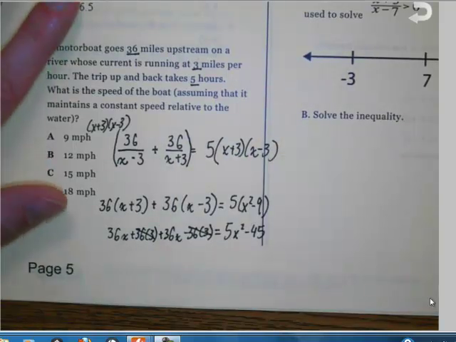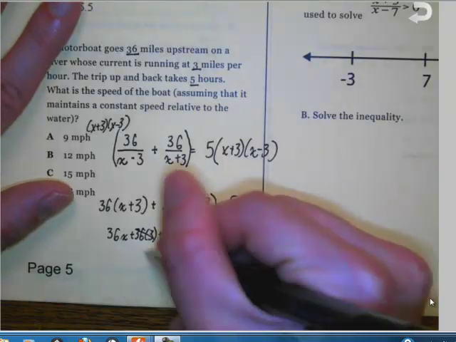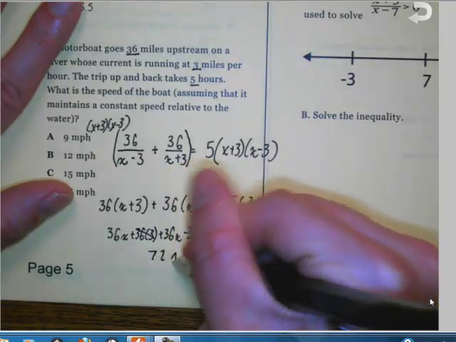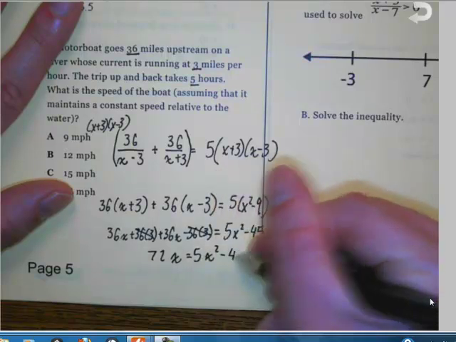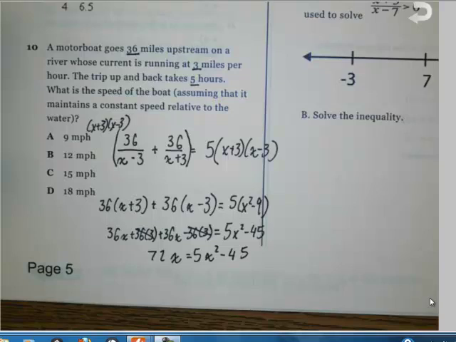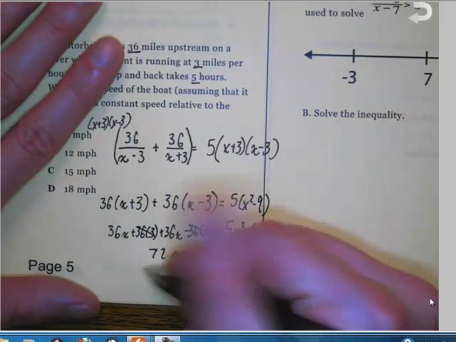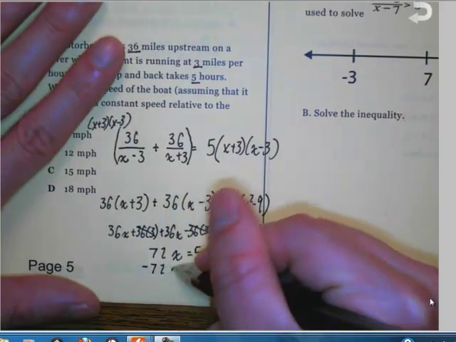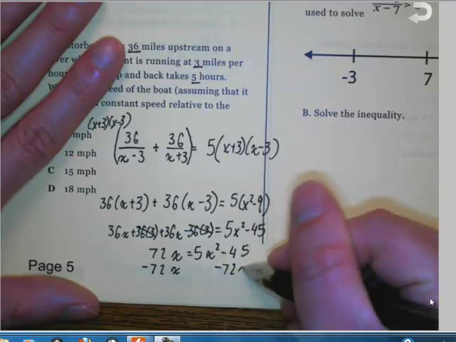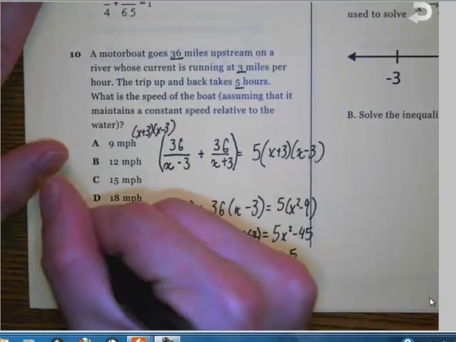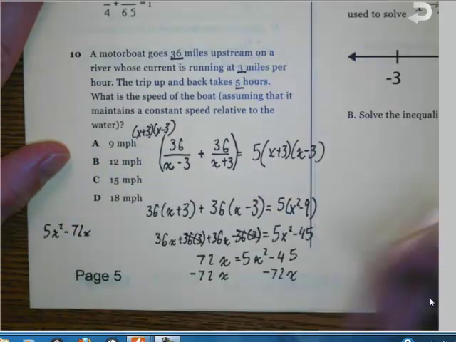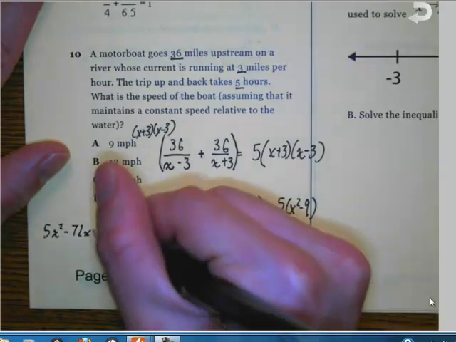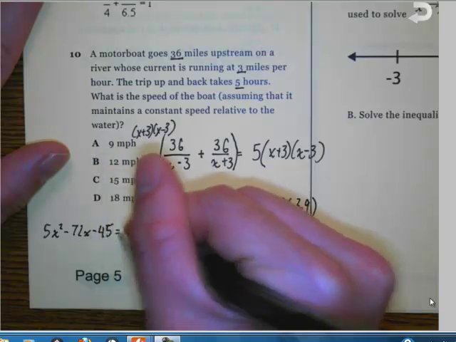So now you've got 72x is equal to 5x squared minus 45. Now at this point you can turn it into a standard form quadratic by subtracting 72x from both sides. And so you have the standard form quadratic 5x squared minus 72x minus 45 is equal to 0.